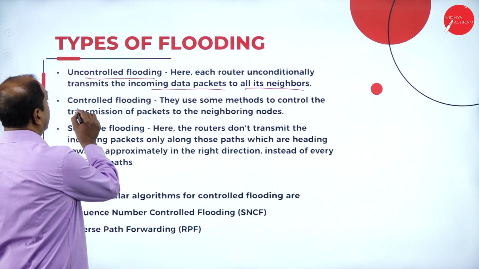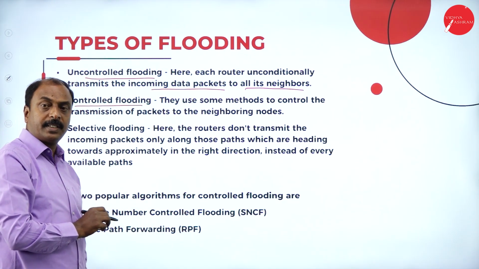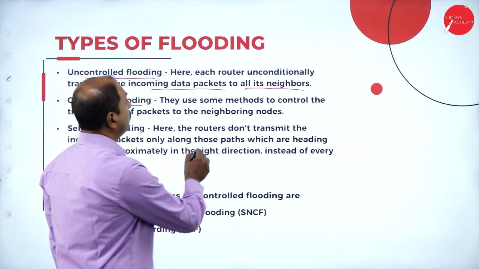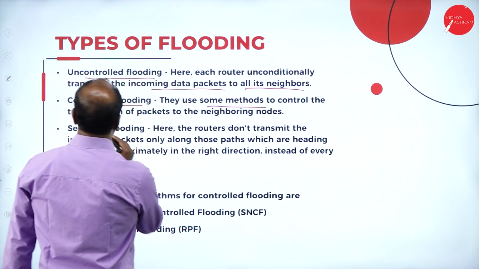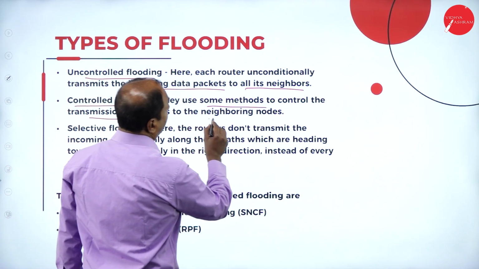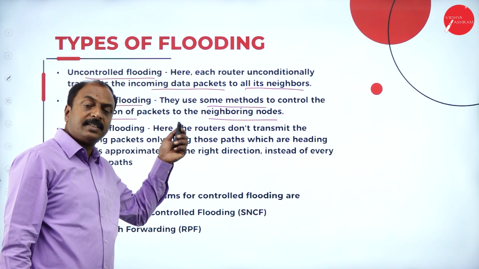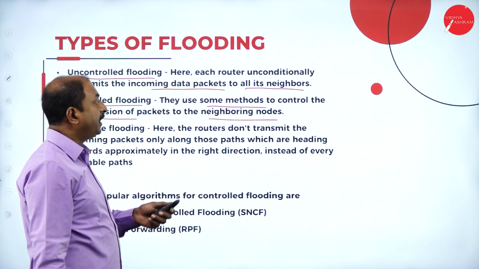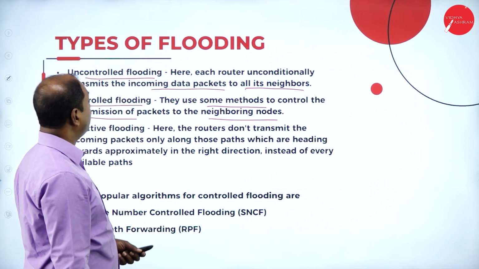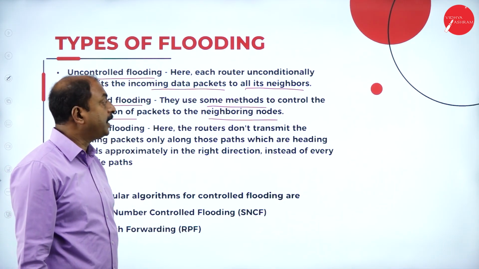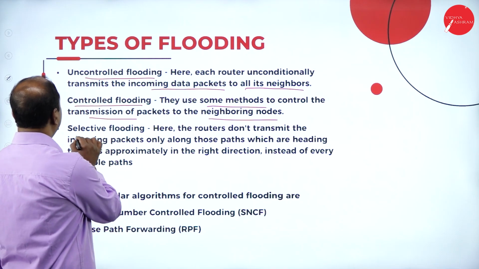Now, in controlled flooding, another type of flooding, some methods are used to control the transmission of packets to the neighboring nodes, so that it avoids transmitting all the packets to all neighbors. Now, selective flooding.